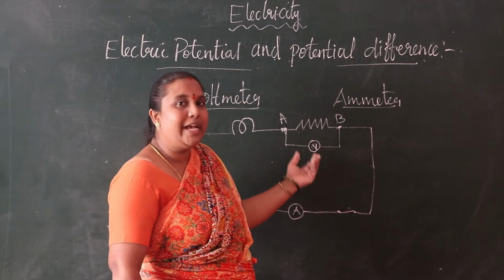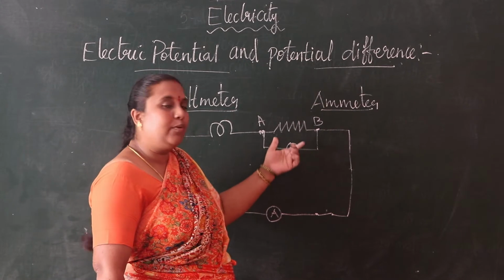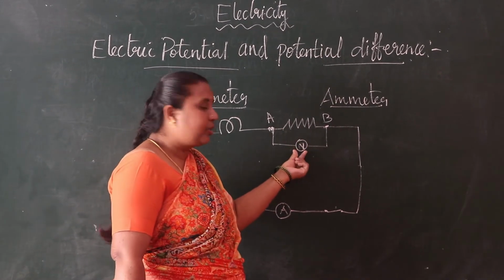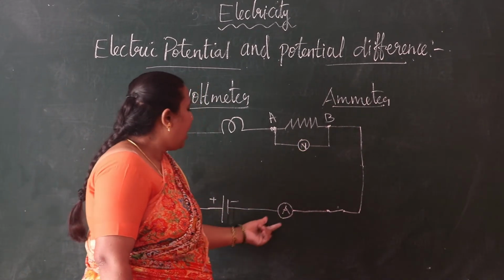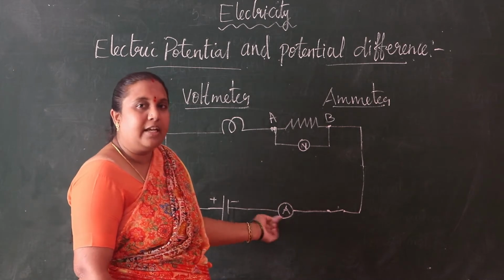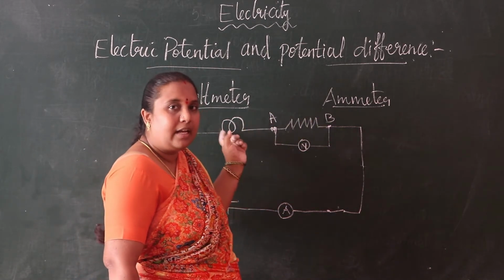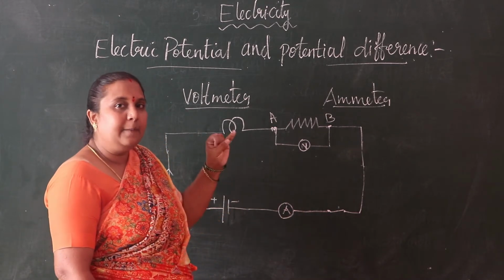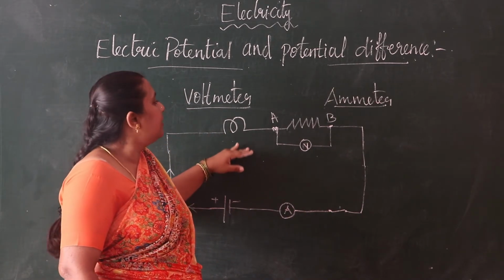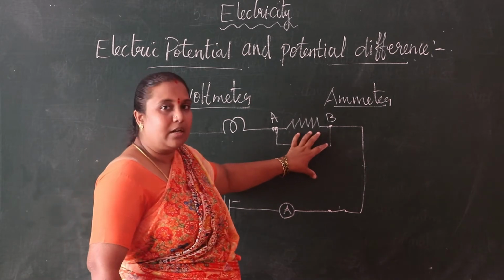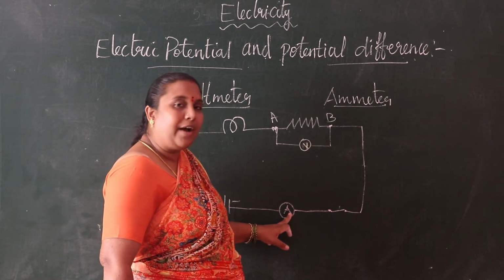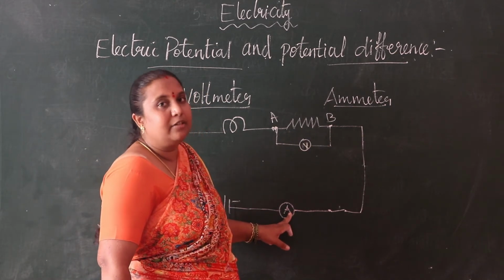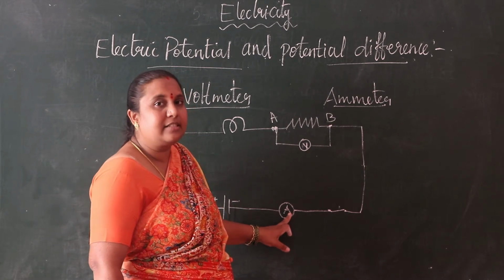There, in parallel only, we connect the voltmeter, and the ammeter we are connecting in series in an electric circuit. Understood children? Now we are clear about the cell, the electric circuit, and the ammeter and voltmeter also. The ammeter is used to find the electric current that flows in an electric circuit.